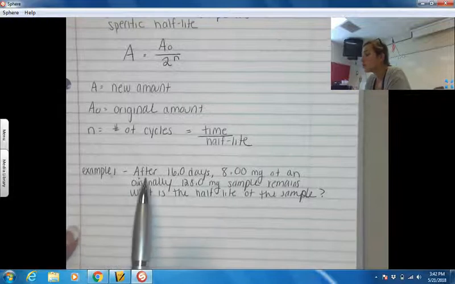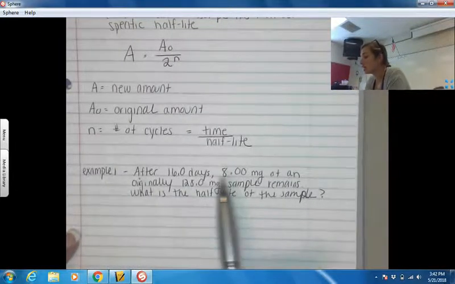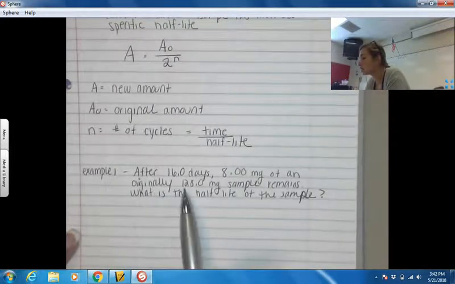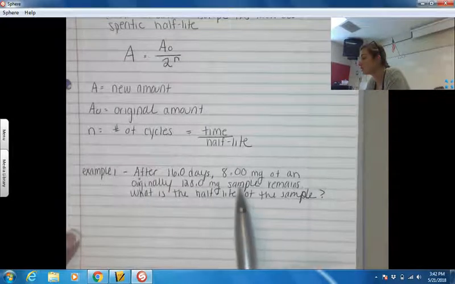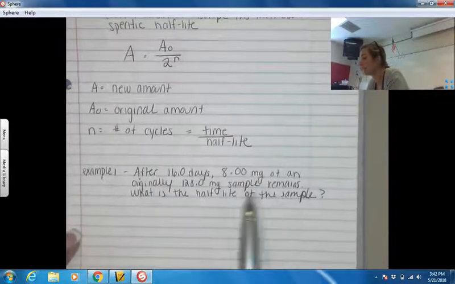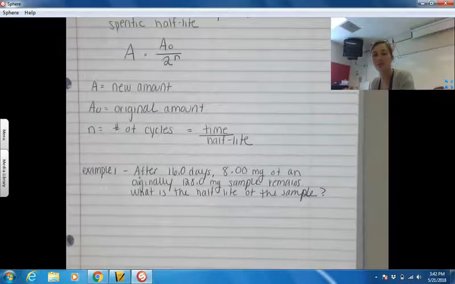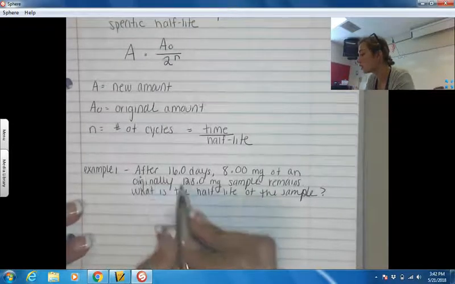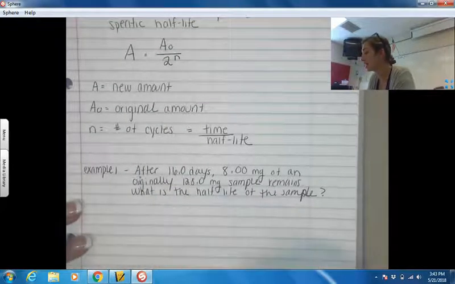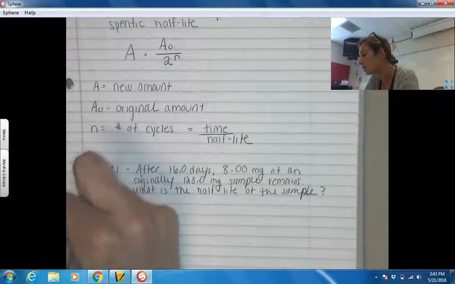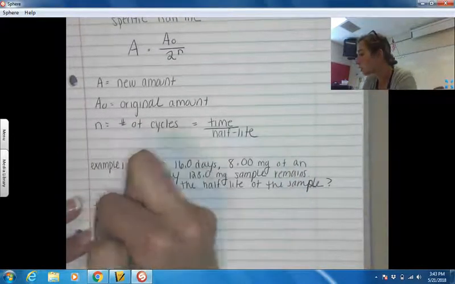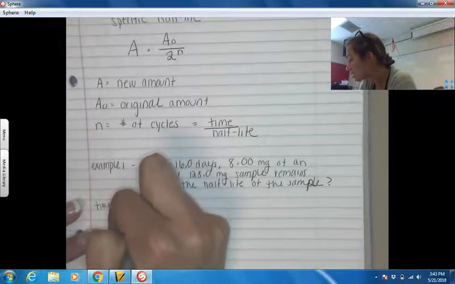So example 1 says after 16 days, 8 milligrams of an originally 128.0 milligram sample remains. What is the half-life of the sample? So I like to pull out the information I know. After 16.0 days, so the total time that this decay was going on for was 16 days.